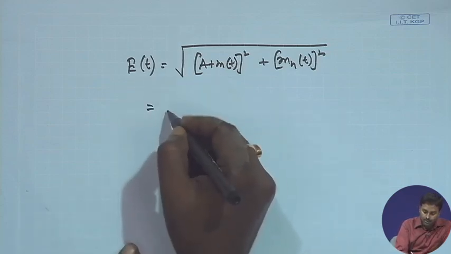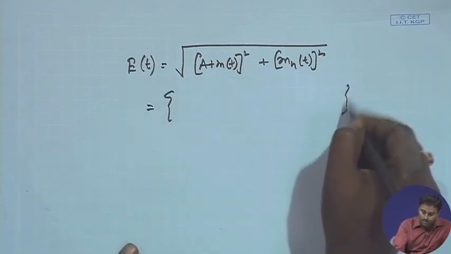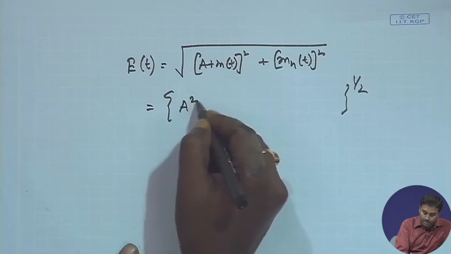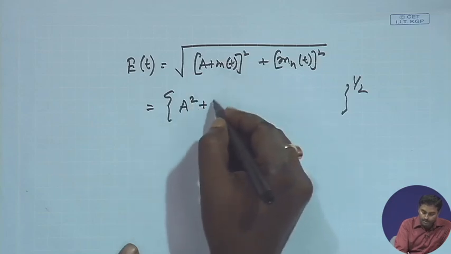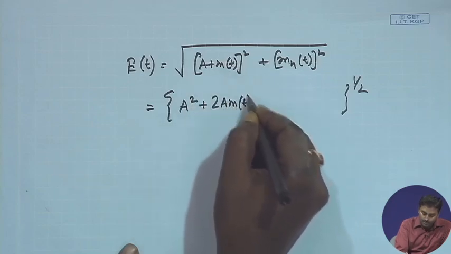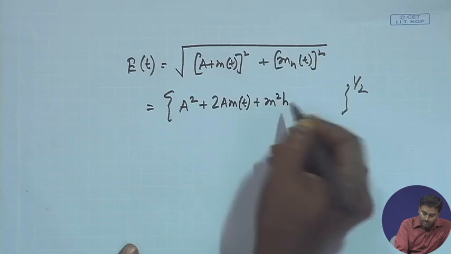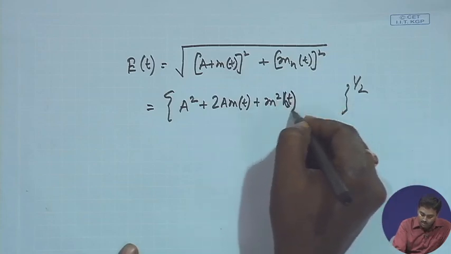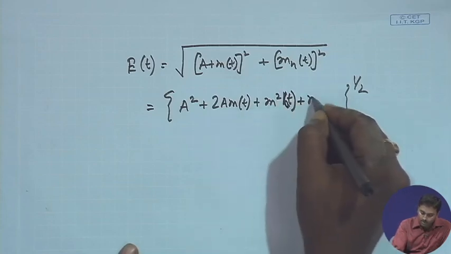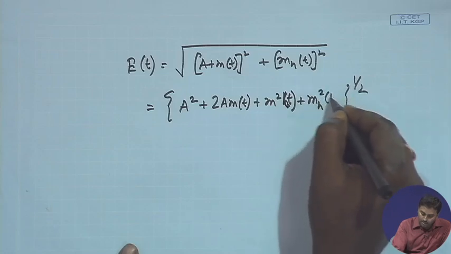So, this I can further write to the power half, A squared plus 2 A m(t) plus m squared(t), plus m_h squared(t).